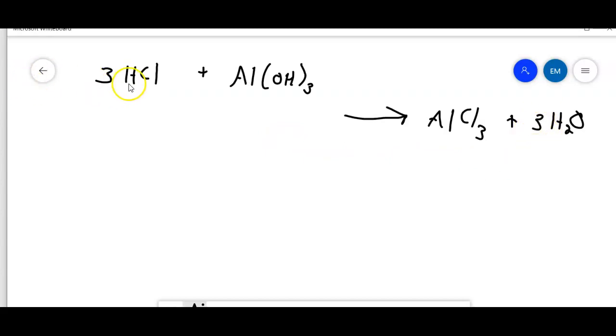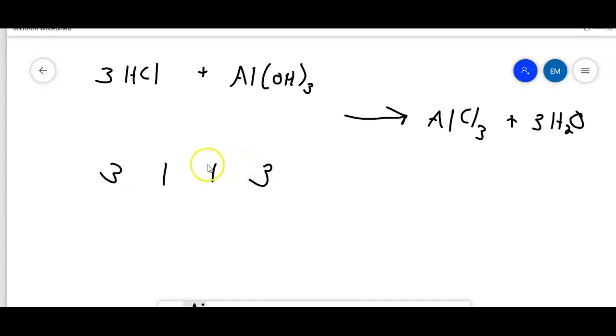You have a total of 6 hydrogen atoms, right? 3 from hydrochloric acid, 3 from hydroxide. It's going to give you 3 waters. Right now aluminum looks like it's okay, and chloride looks like it's okay. So it looks like we're done. So you're going to have 3, 1, 1, 3.